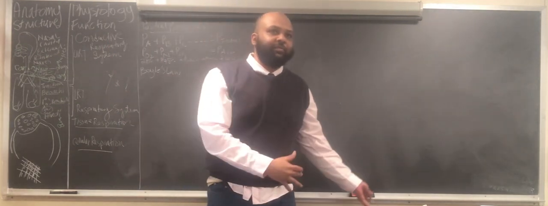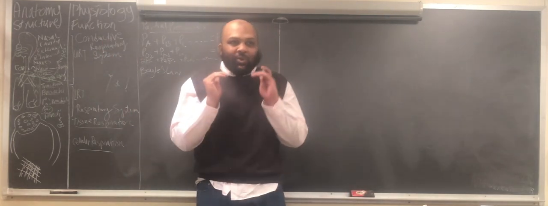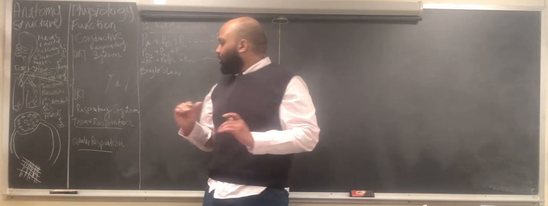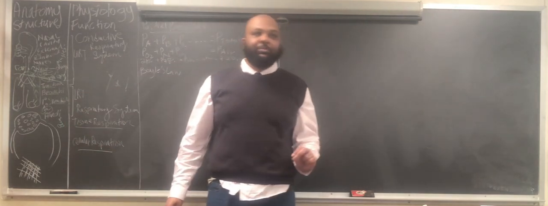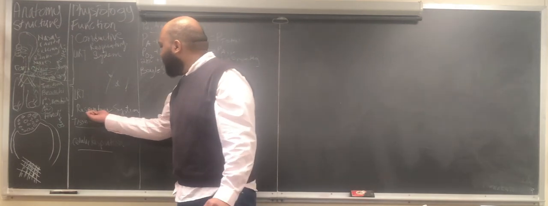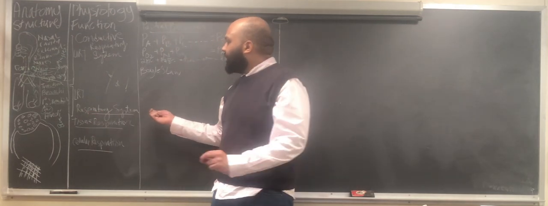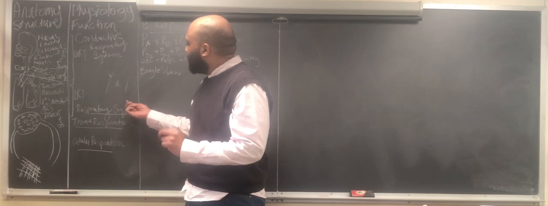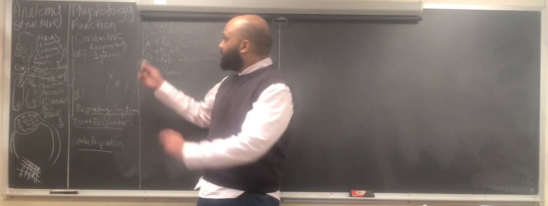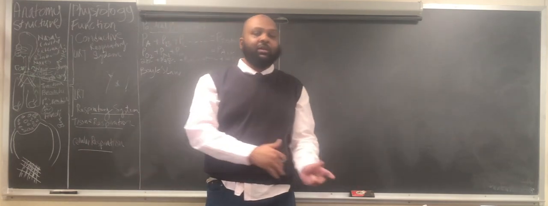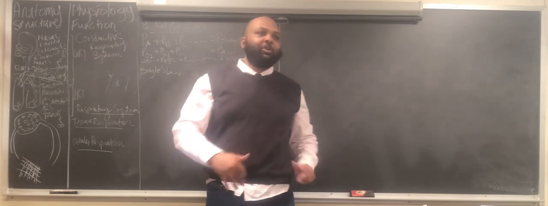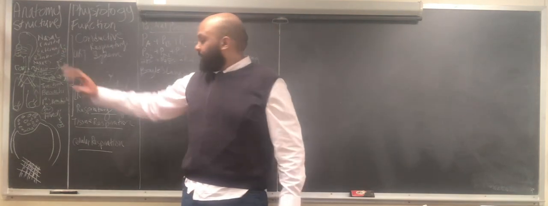It's conductive, humidifying, immunological. It is only your alveoli that will make up the second part of your respiratory system, and that is the respiratory part. So the respiratory system is divided into a conductive part and a respiratory part. The conductive part is everything except the alveoli, and the respiratory part is the alveoli and nothing else.